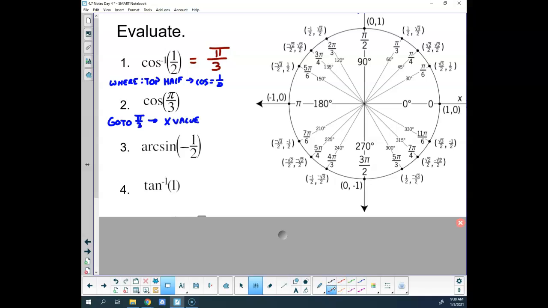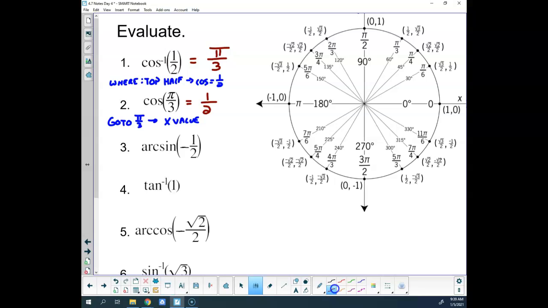So I go to pi over 3, the x value here is 1/2. With me? So you've got to kind of read it. And then remember too that we could also have arc cosine, arc sine, arc tangent. Those again are just meaning inverse.